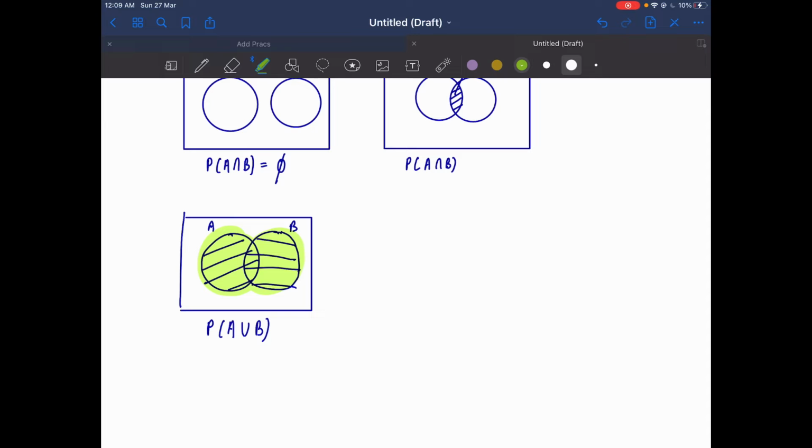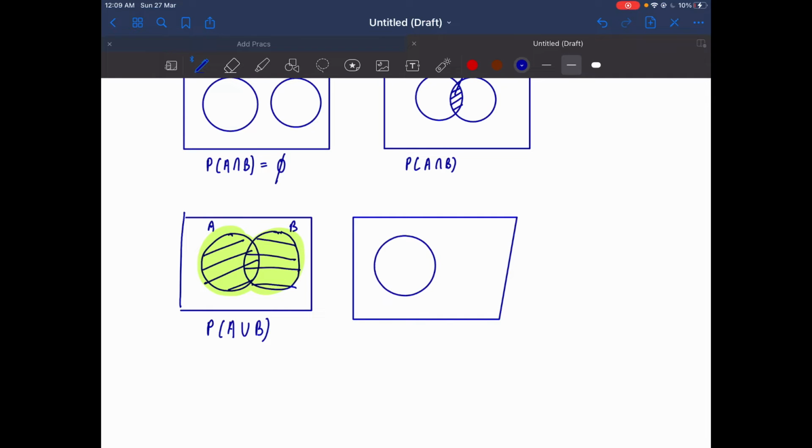Okay, and then let's try something a little bit more tricky. Okay, that is not really a rectangle, but it's okay. So tell me, how would you shade this?